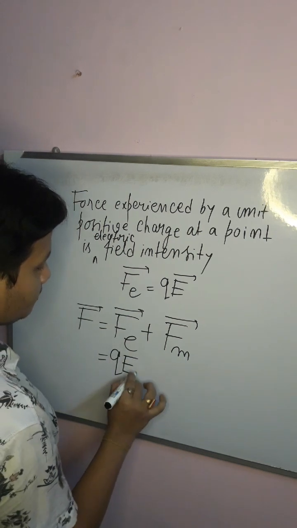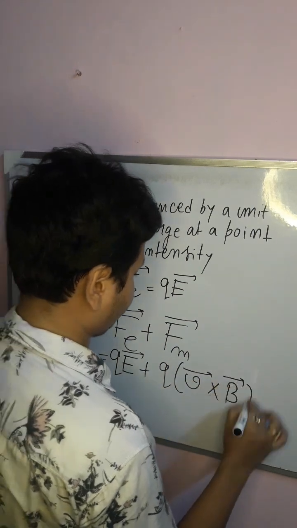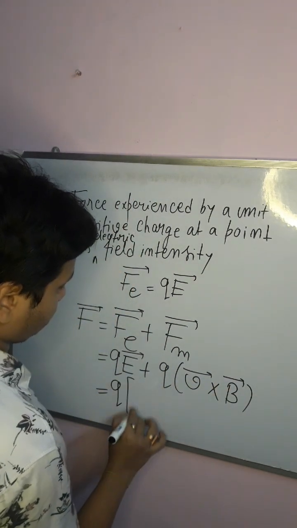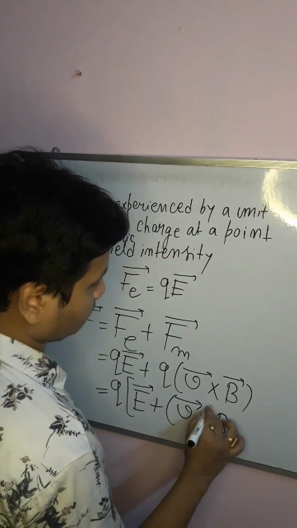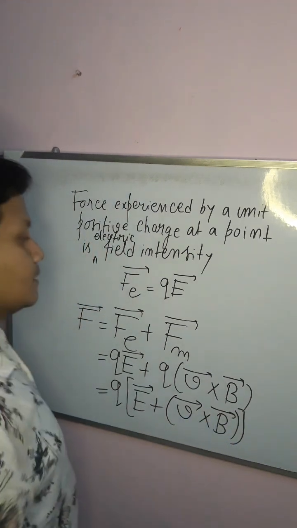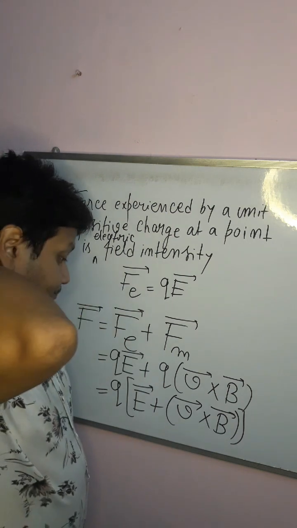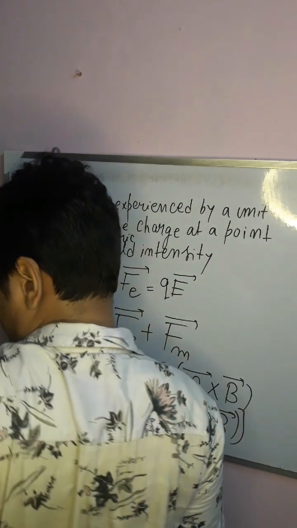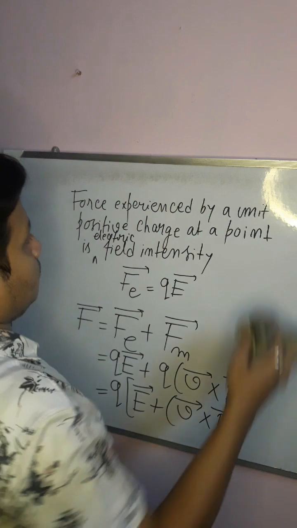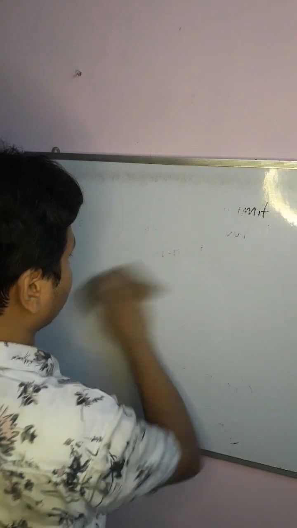So QE plus Q into V cross B, that is Q times E plus V cross B. So this is the expression of Lorentz force. This force is called Lorentz force.